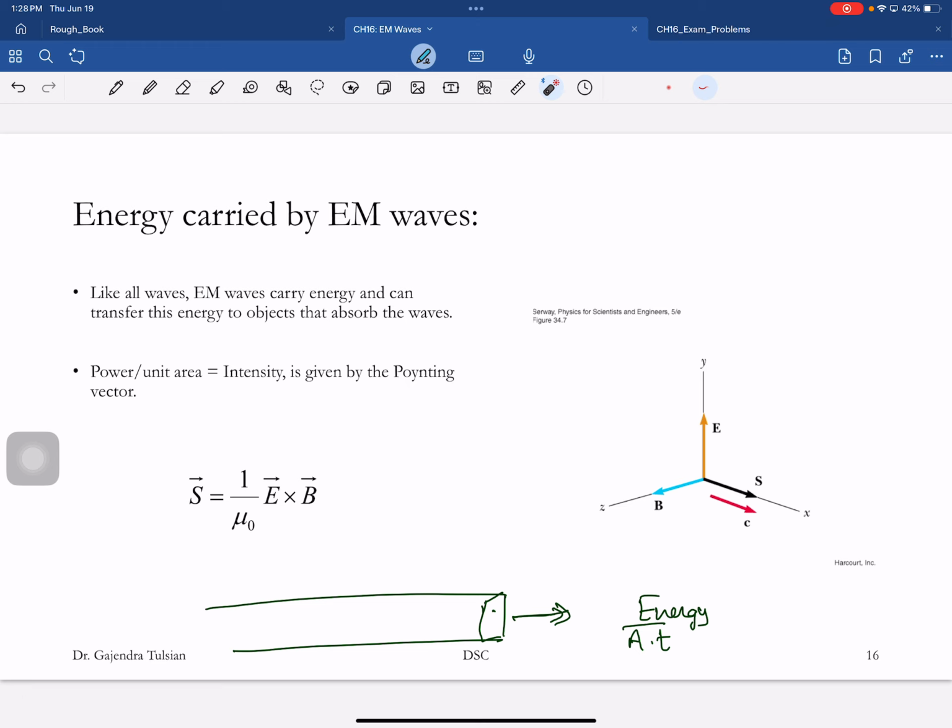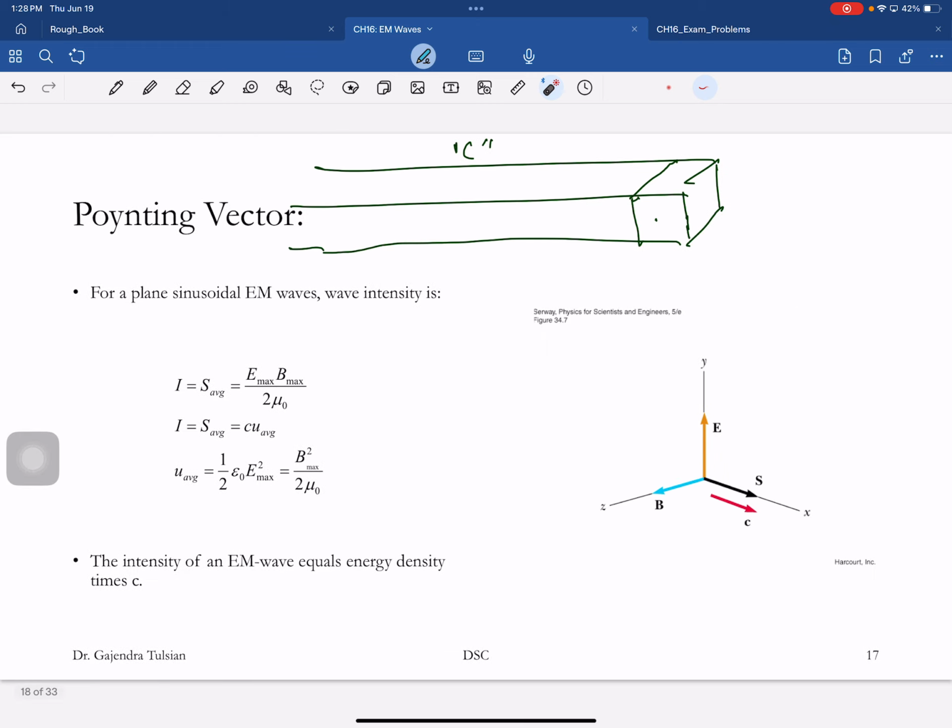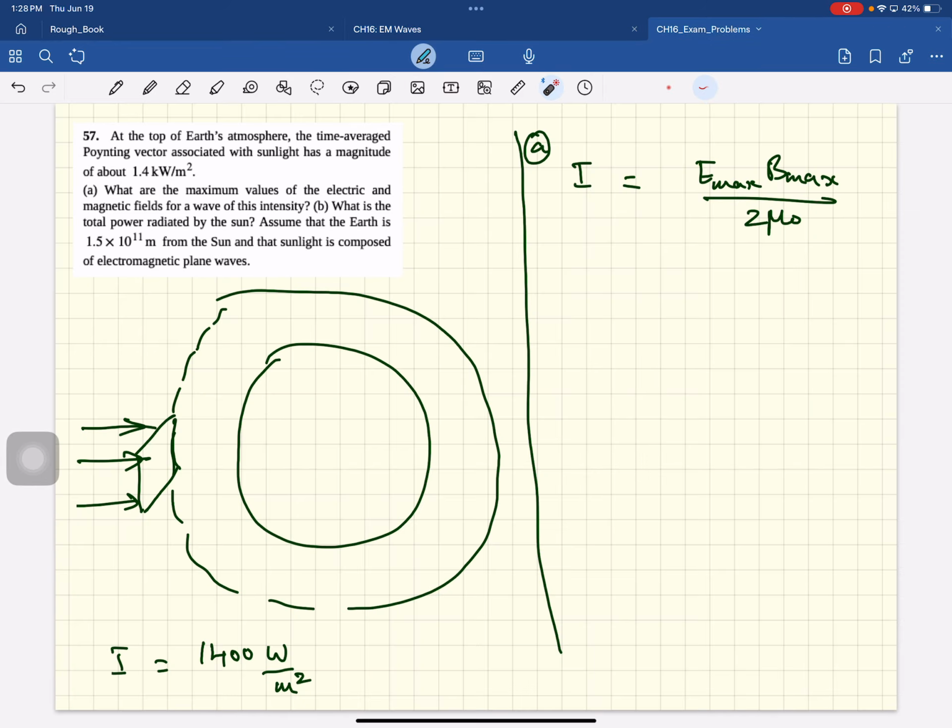There's the Poynting vector. And so intensity is E max B max over 2 mu naught. And B max is E max over C. So intensity equals E max square over 2 mu naught times C.